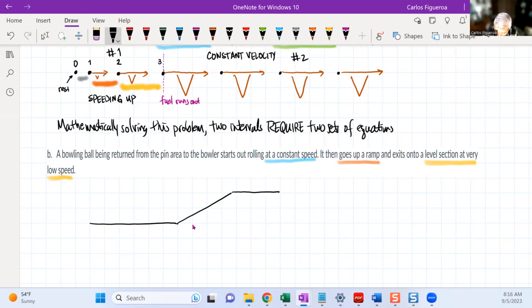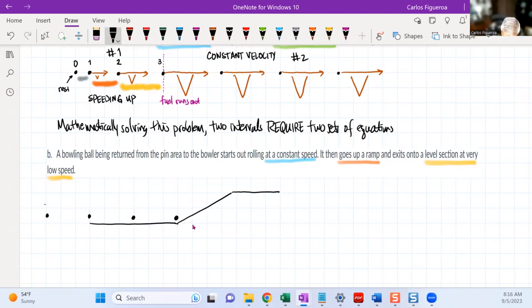Now, I don't know how to set up my arrows here. All I know is that it's moving at constant speed. So what am I going to do here? I'm actually going to put a dot right here. Then I'm going to put a dot here, and a dot here, and a dot here.